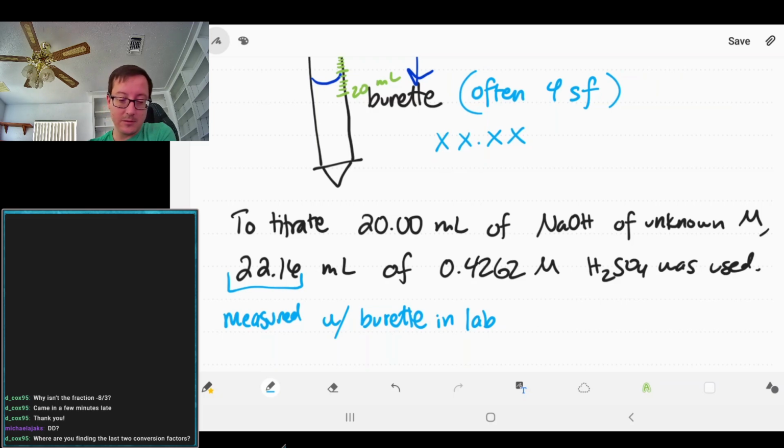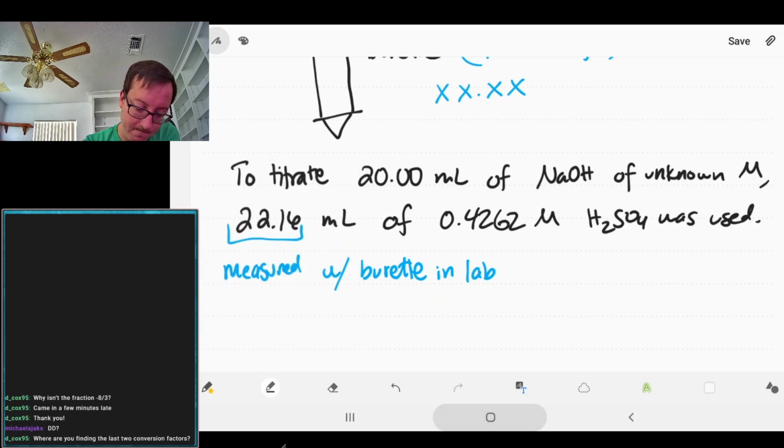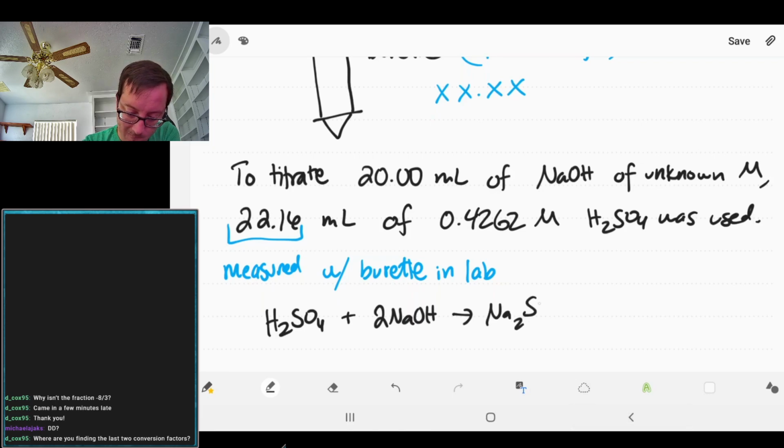We know, thankfully, because I'm using the same reaction, in terms of moles, how many moles of sulfuric acid need to react, or how many moles of sodium hydroxide are needed to react with a certain number of moles of sulfuric acid.